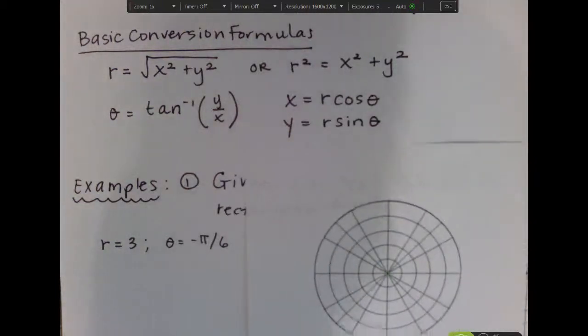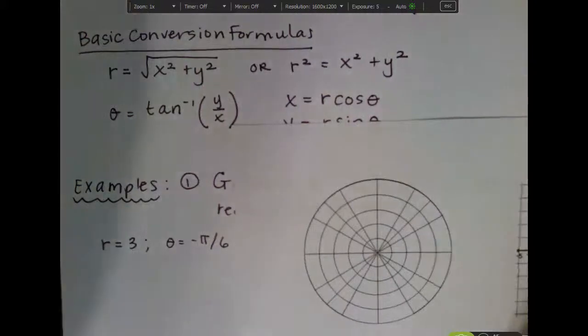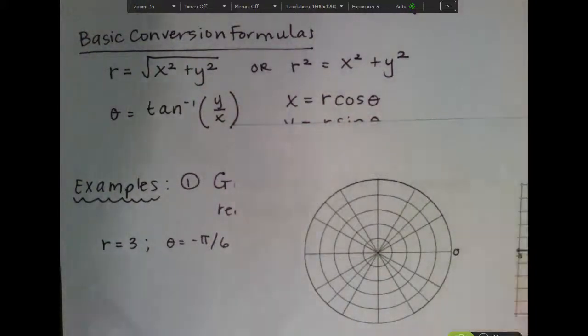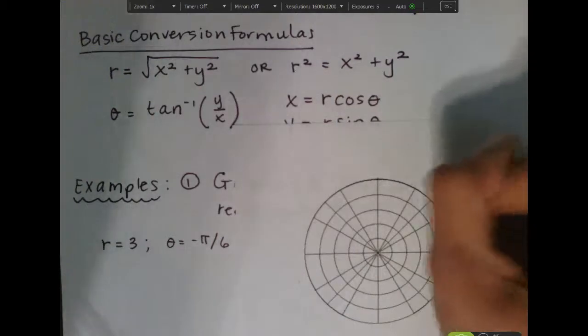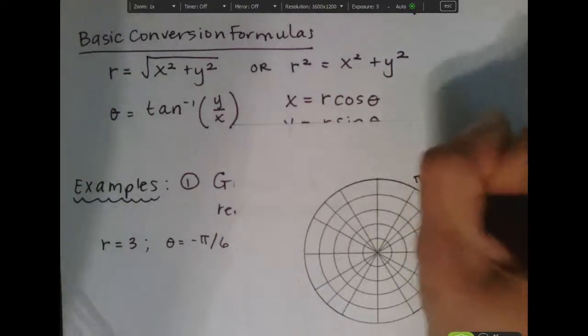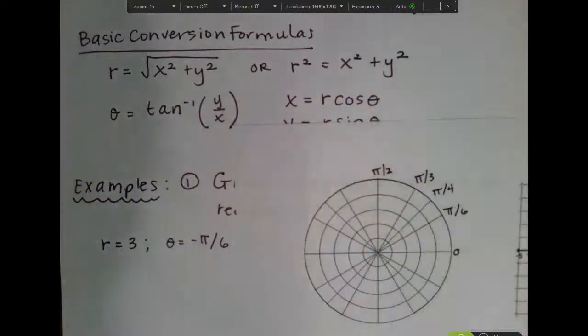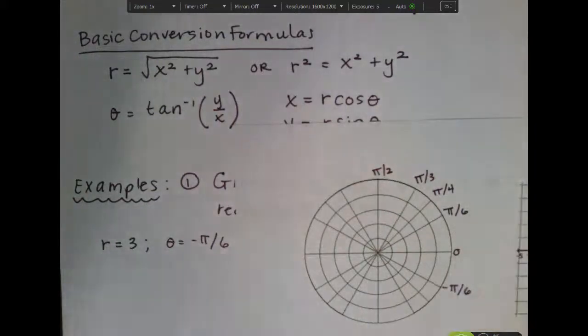So again, radius is 3, theta equals negative pi over 6. If you think about your unit circle, this is the angle 0, this is the angle pi over 6, here's pi over 4, pi over 3, pi over 2, and again I could go all the way around the circle. I want the angle negative pi over 6, so that's going to bring me down here to this particular line.